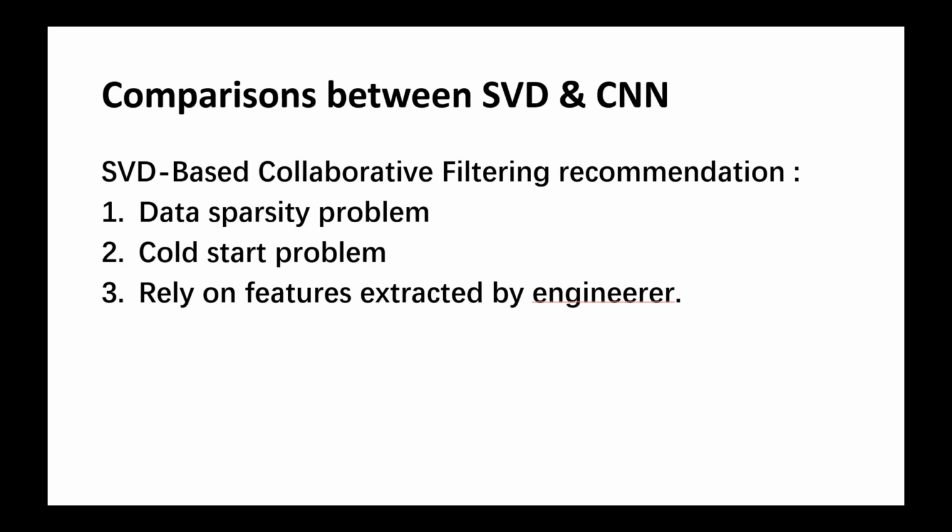It needs effective feature extraction, and this kind of SVD-based collaborative filtering traditional shallow model relies on artificial design features, and its effectiveness and scalability are very limited, which restricts the performance of recommendation methods.